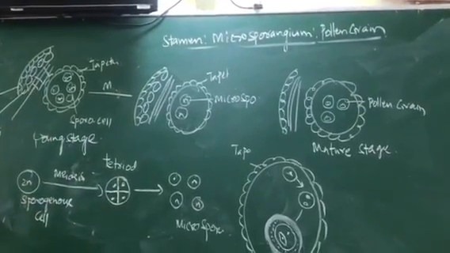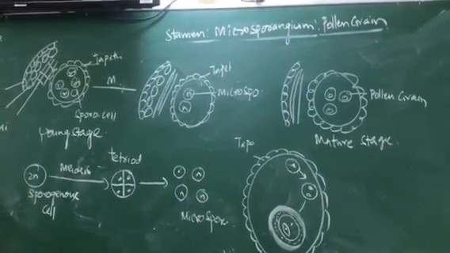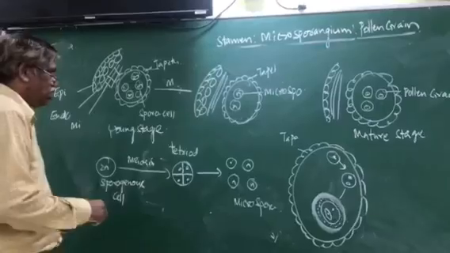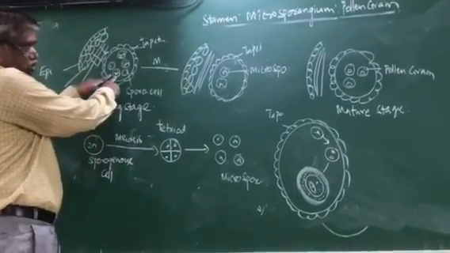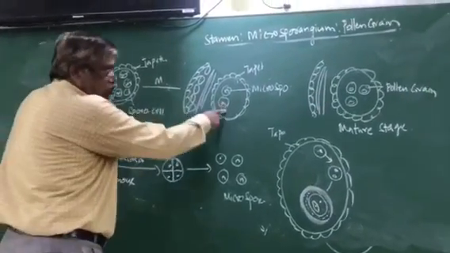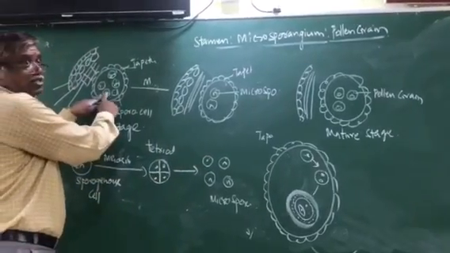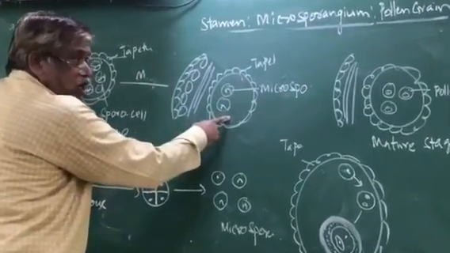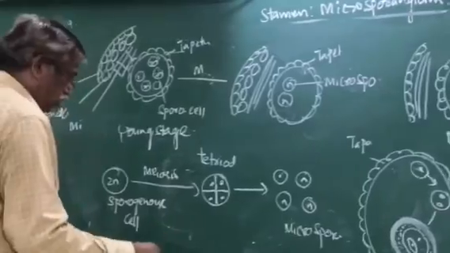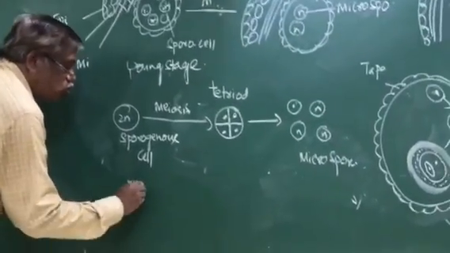Okay. Now I want the most important process. What is this sporogenous cell converted into microspores? This is the mother cell for this daughter cell. The process of microsporogenesis.